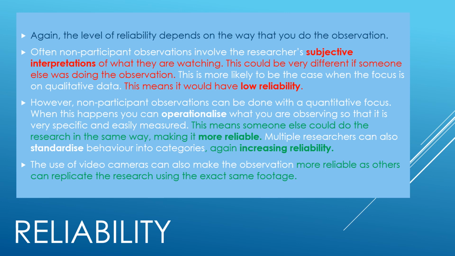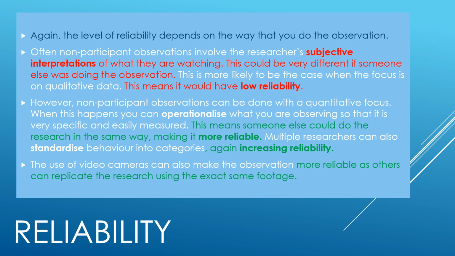And so that's really specific, and you can't subjectively interpret that in different ways. If someone punches someone, you know that that's what's happened and you can count that. And it means that somebody else doing my research can easily go away and do the exact same thing. They're looking for the number of times someone punched someone.